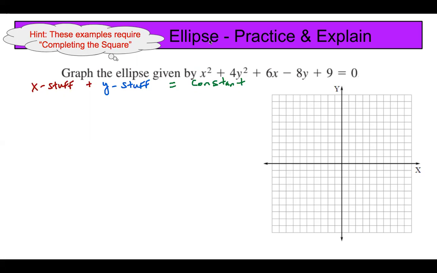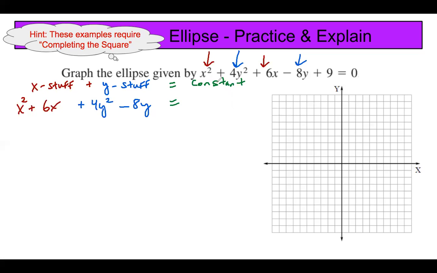So if I grab my X stuff, I have an X squared and a positive 6x. So I'll put that here, X squared plus 6x. Now let's reorder the Y stuff. So that would be a positive 4y squared and a minus 8y. That's what I call the Y stuff.